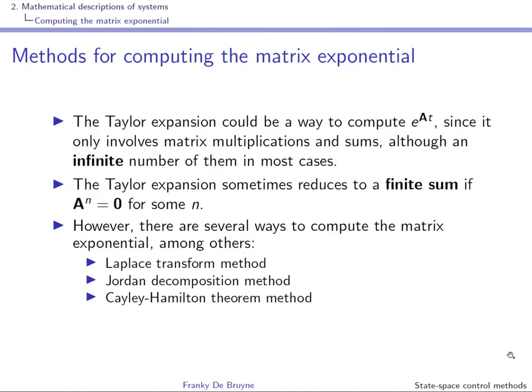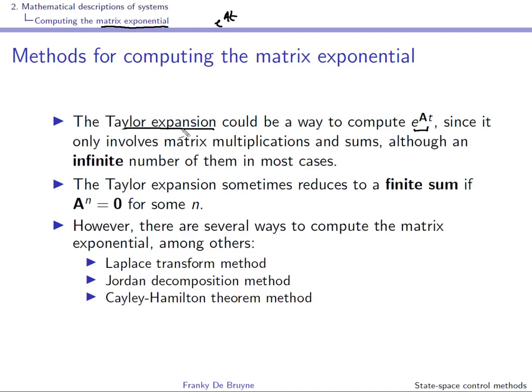So we now talk about methods for computing the matrix exponential e to the At. Remember that e to the At has been defined using a Taylor expansion. Of course there are an infinite number of terms, so in most cases this definition is difficult to use.